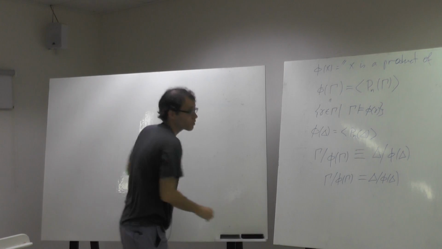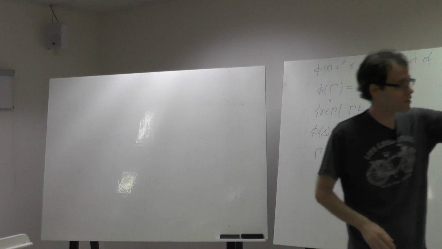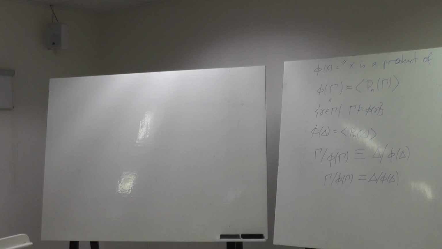Okay? So this is what you need. You need something slightly stronger, but it turns out that it's much stronger than the pro-finite completions being isomorphic. You need a homomorphism that induces this. Okay?